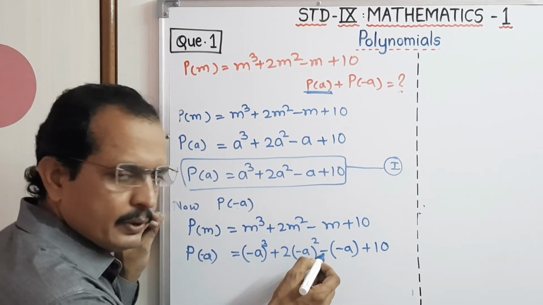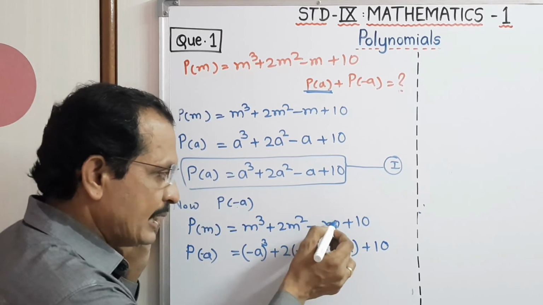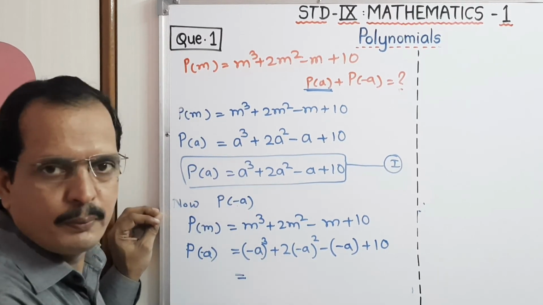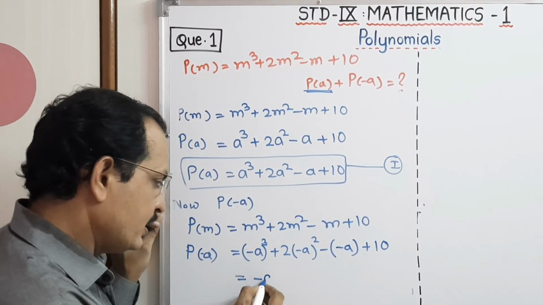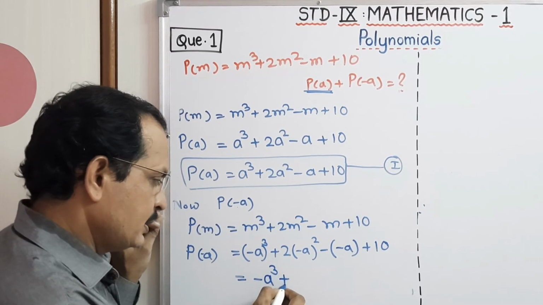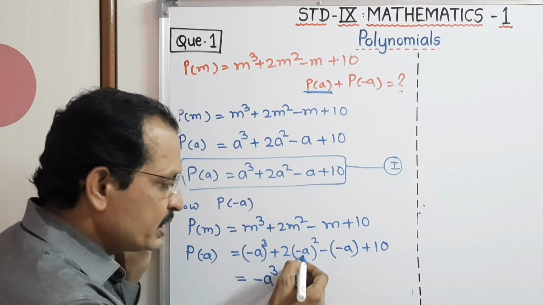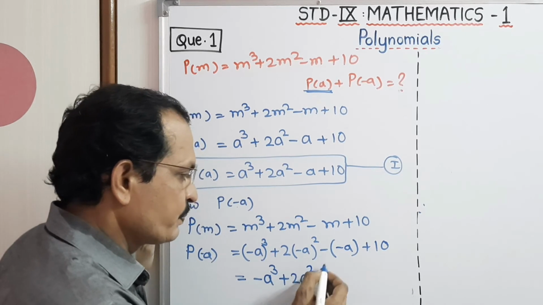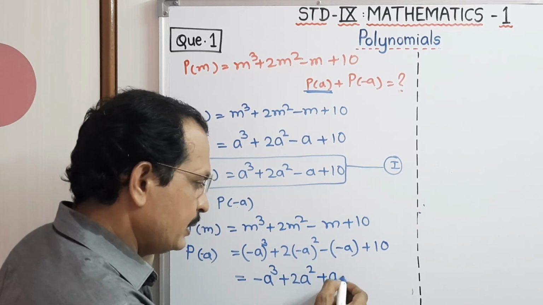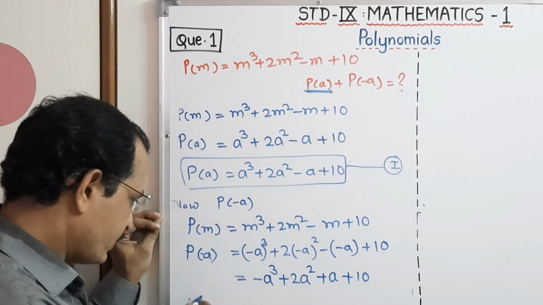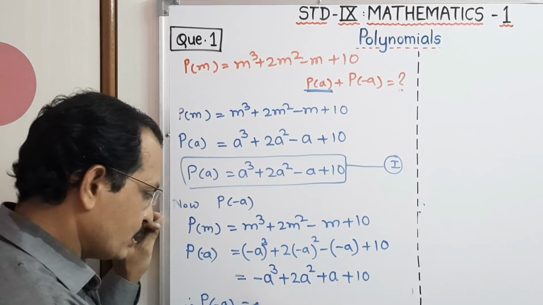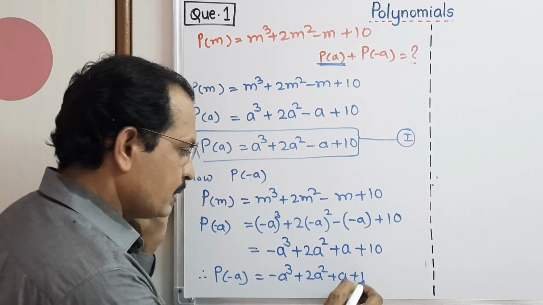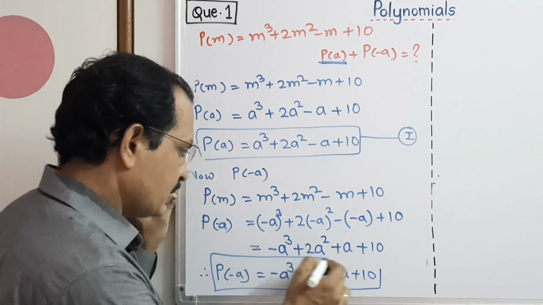See, this minus, then the value of m is minus a, therefore put it in a bracket. Now see here, cube of minus a is minus a cube, plus this 2, and square of minus a will be plus a square. This minus will become plus a, and this plus 10 as it is. Therefore, dear student, we get P(minus a) is equal to minus a cube plus 2a square plus a plus 10. This is statement number second.